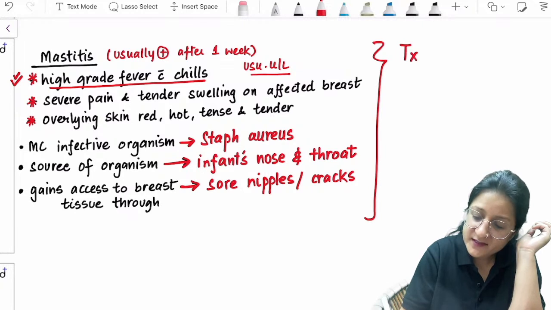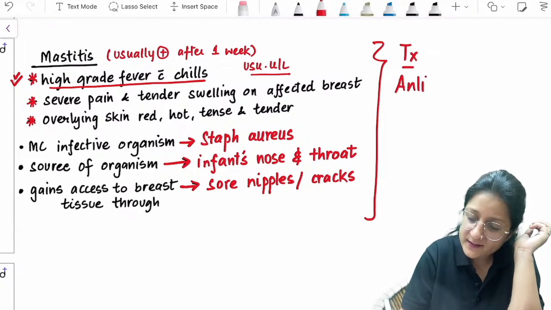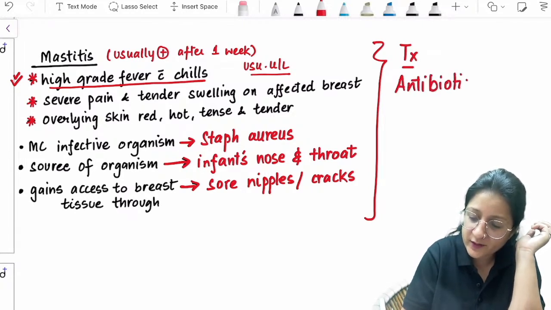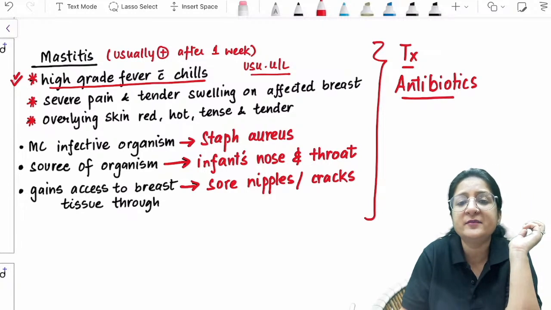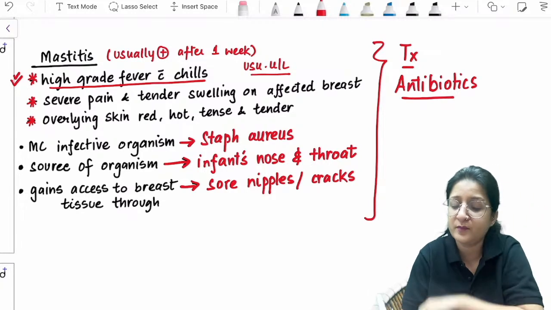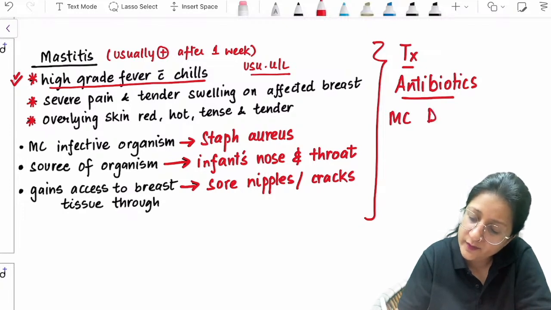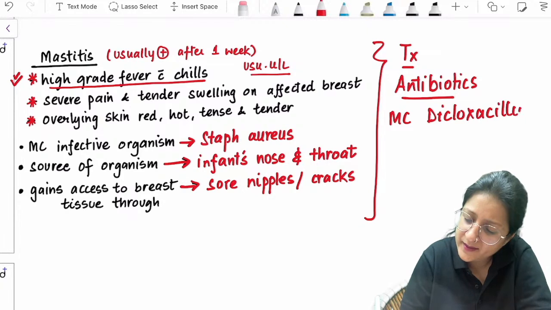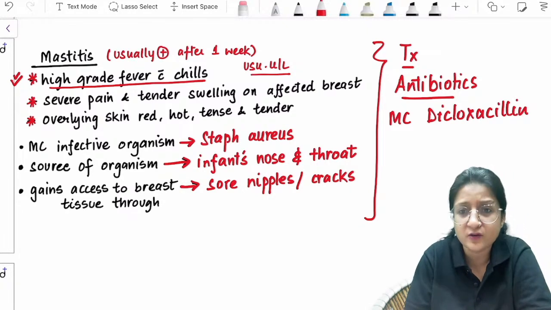The treatment of mastitis is going to be antibiotics, and we want to give antibiotics which are effective against the most common organism. So mostly, empirically, we are going to use dicloxacillin.